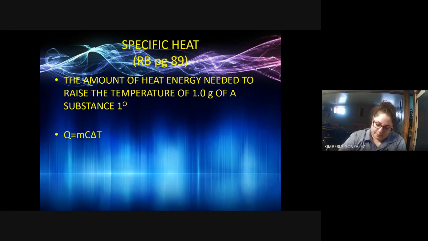This formula here is the formula that you're going to need to know. It's called Q equals mc delta T. It's a heat formula.